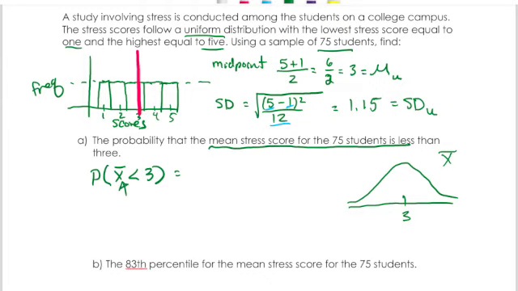And our standard deviation for the sampling distribution is going to be whatever the standard deviation is for the previous distribution, in this case our uniform distribution, and then you divide it by the square root of the sample size.